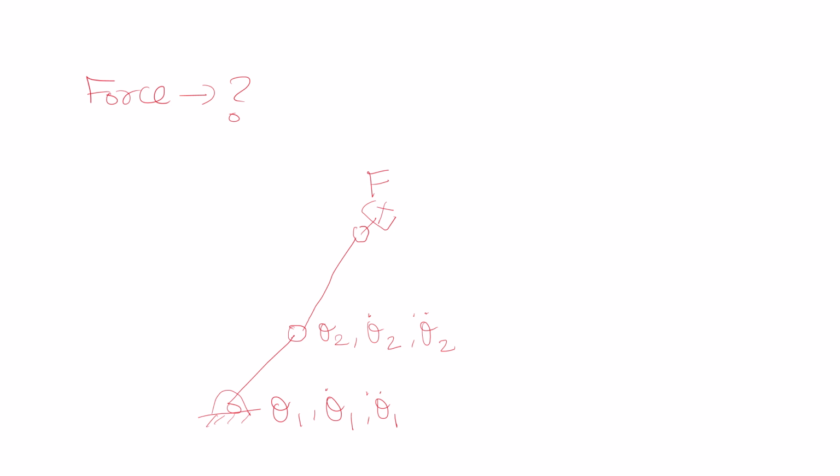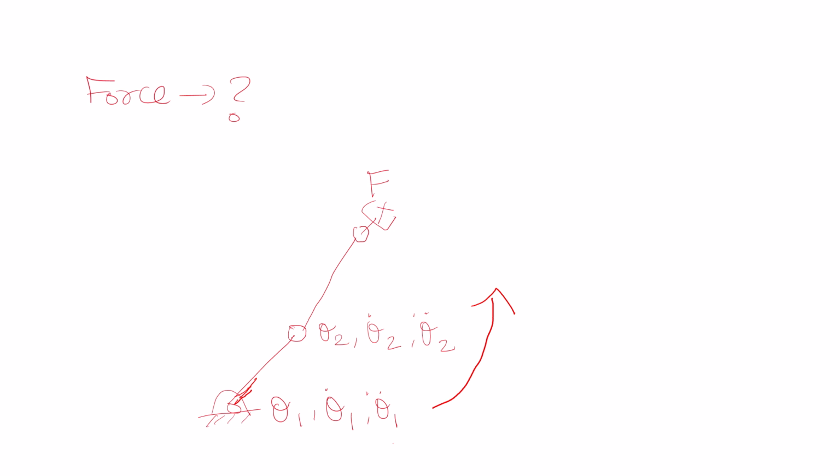So let us consider a two-link manipulator where the position, velocity and acceleration of joint 1 are represented as theta 1, theta 1 dot and theta 1 double dot. The same way at joint 2. As we know, the velocity and acceleration will be propagating from one link to another in this direction. When the velocity and acceleration are propagating, they will be causing some internal forces to act on the links.